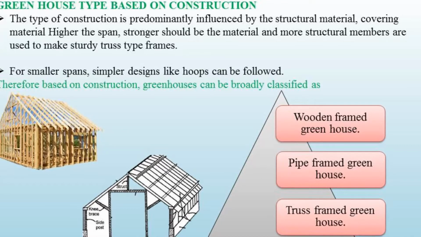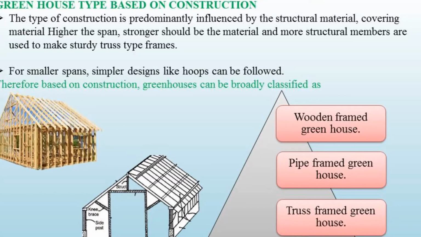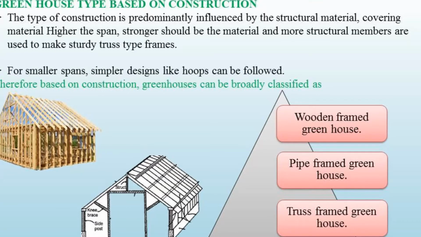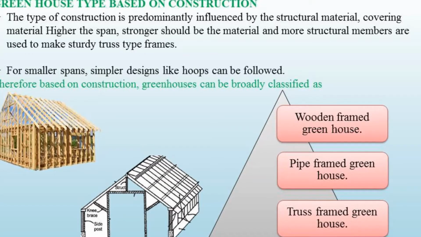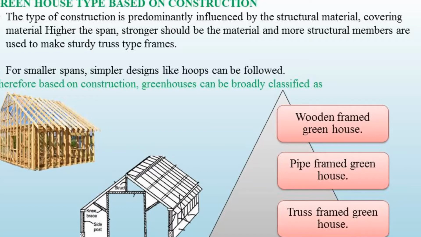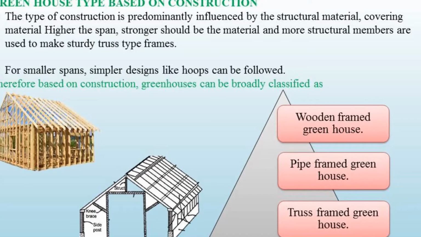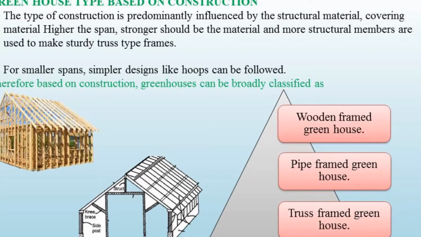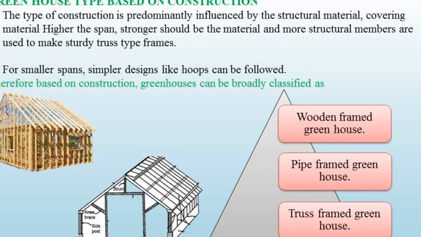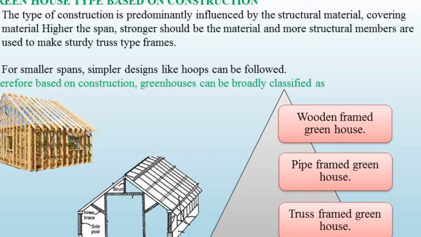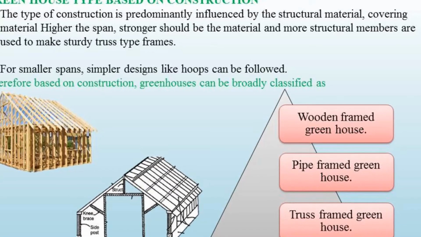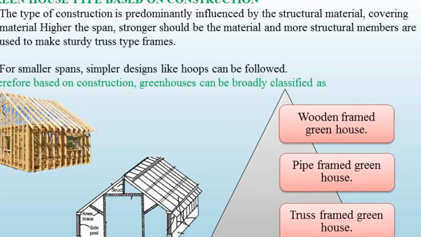The span of the house generally decides the selection of structural members and their construction. If the span is higher, the material should be stronger and more structural members are used to make sturdy truss type frames of the greenhouse.